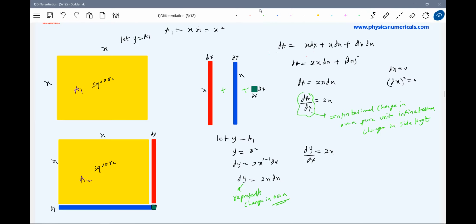It is equal to 2 times x. If I ask you to calculate this, you just multiply 2 into x. What is the value of x? If you know it, substitute, and you will get that much. That will be the dA by dx.